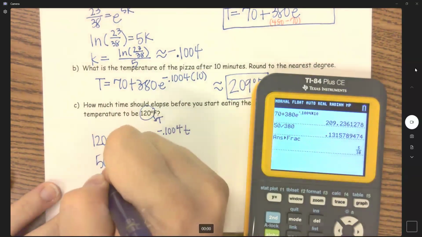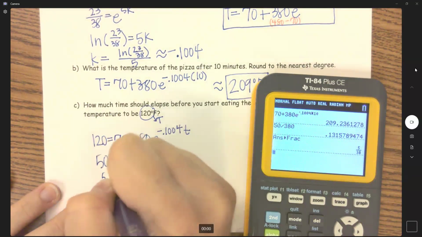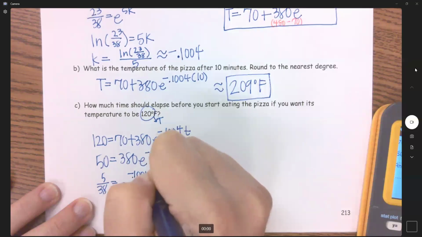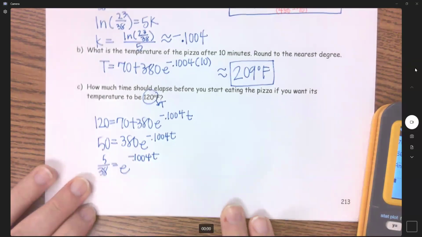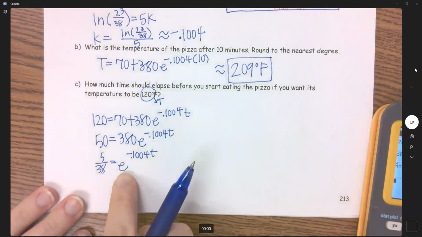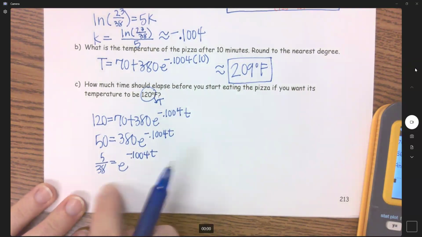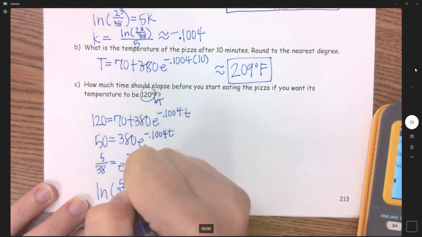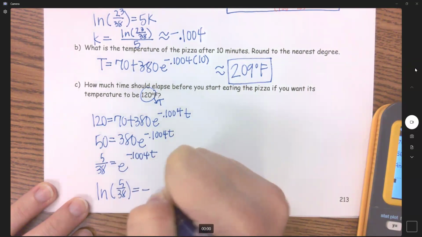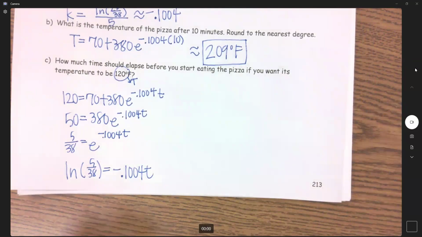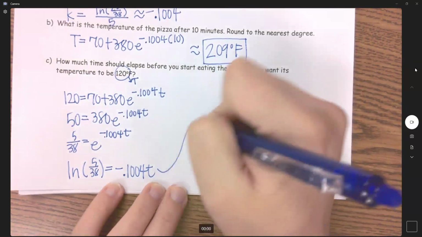We're just dividing by 10 again. And now convert that to a log. Right now we have an exponential with a base e, so when I go base to the other side of the equals, that's again natural log. And that's going to equal my exponent. And then divide to get t by itself.